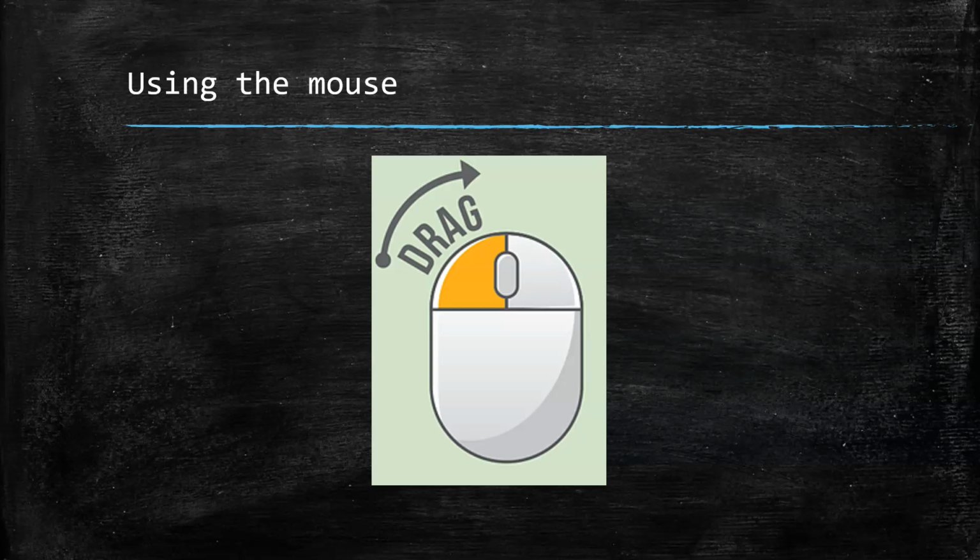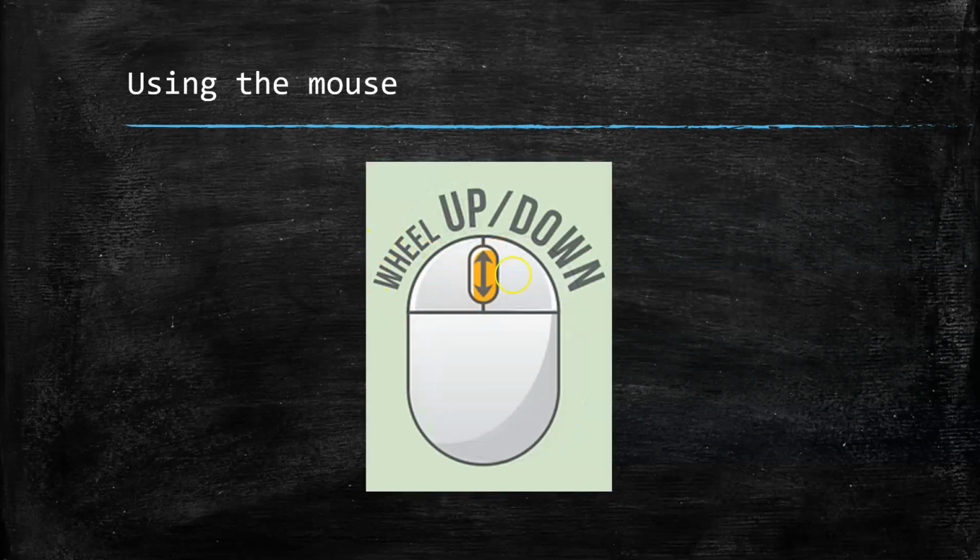Again, I'll show you what that looks like in a moment. And then I mentioned this scroll wheel in the middle. If you don't click the scroll wheel, but just gently nudge it up and down, you can scroll up and down on pages or within Word documents or other things on your computer where you can't see everything at a glance. So that is what that center button is for.